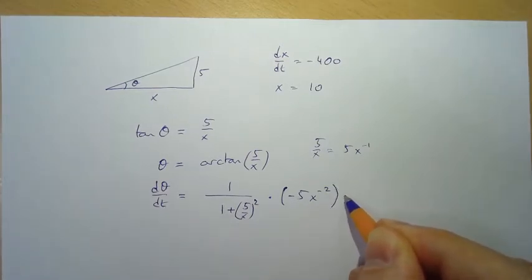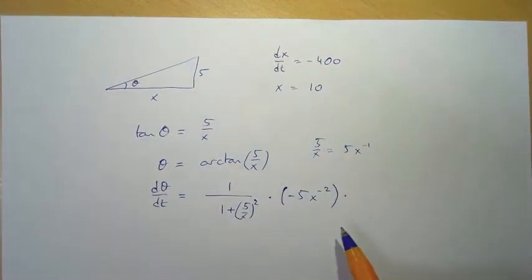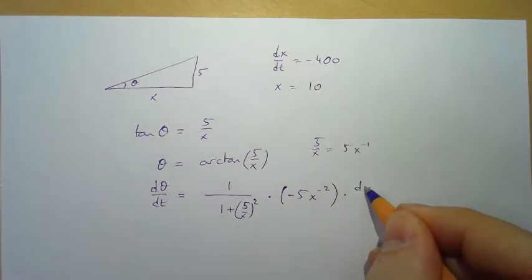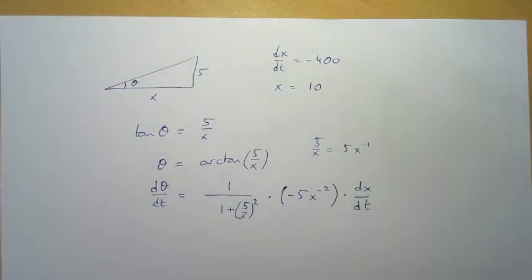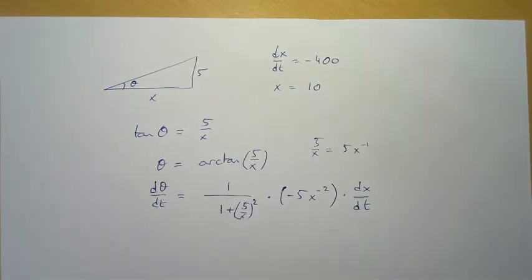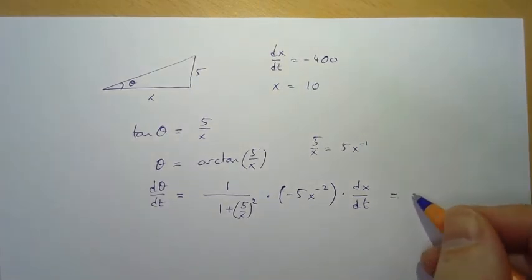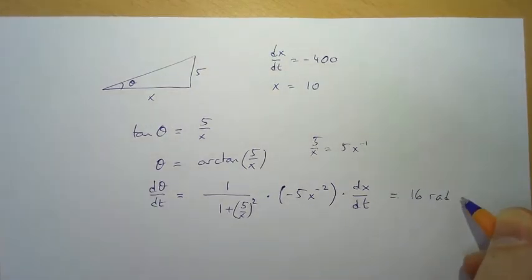And then I need to multiply again by the inside derivative because we are differentiating in terms of t. So from here I can just plug in x equals 10 here and there. I can plug in dx/dt equals negative 400, and of course I should find the same result.